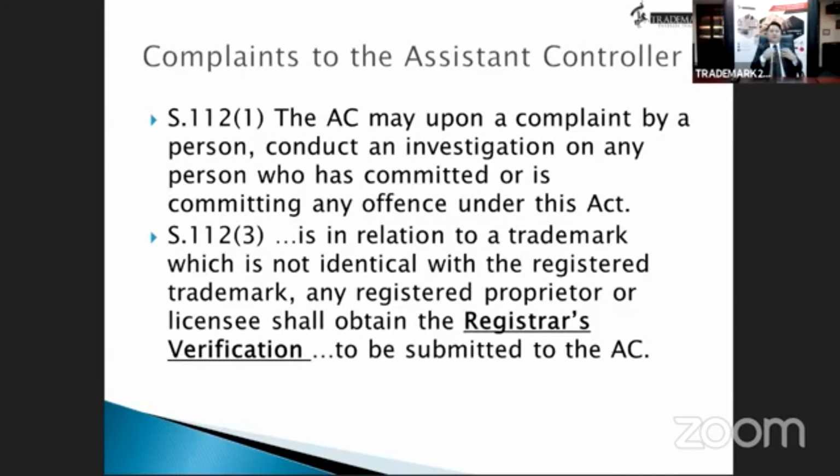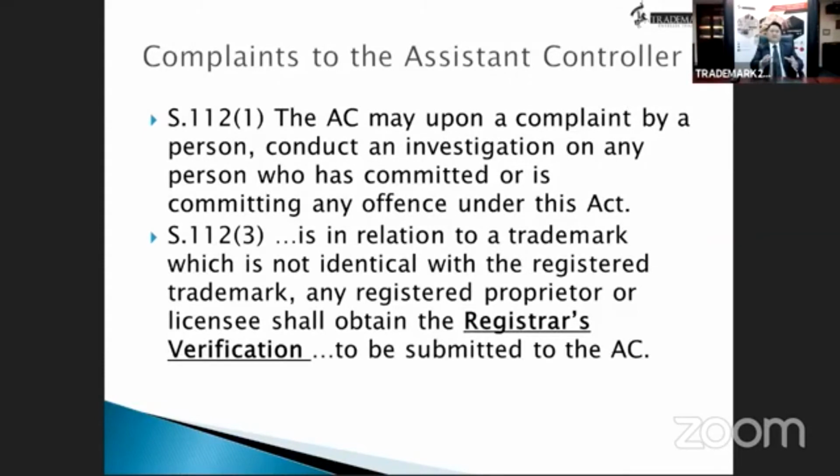Now, under section 112(1), if somebody is copying your trademark exactly, you have the authority and the right to lodge a complaint. What happens if the trademark is very similar, but not identical?